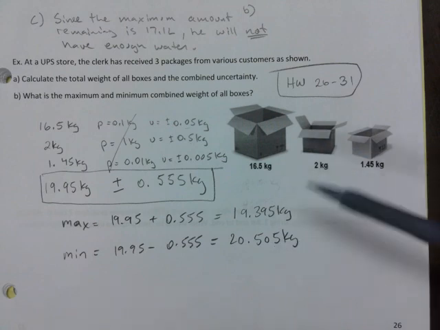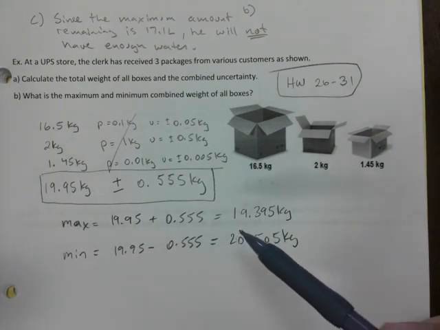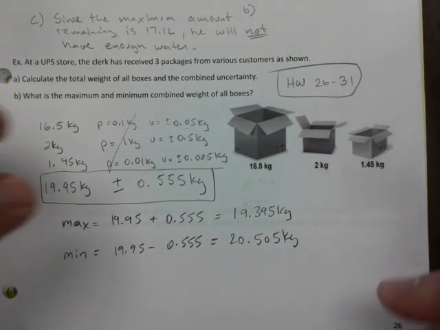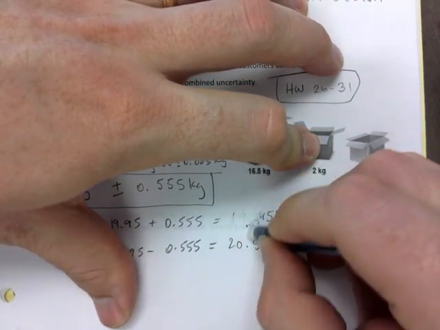I did this wrong, sorry. Probably laughing right now. Anyways, 19.95. I noticed that my max is smaller. I have it backwards. Sorry. I'm going to change this.